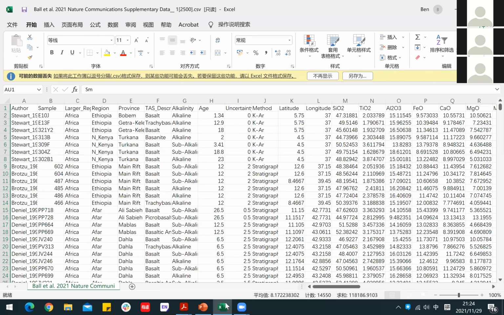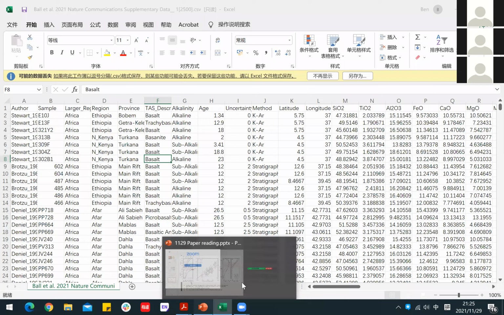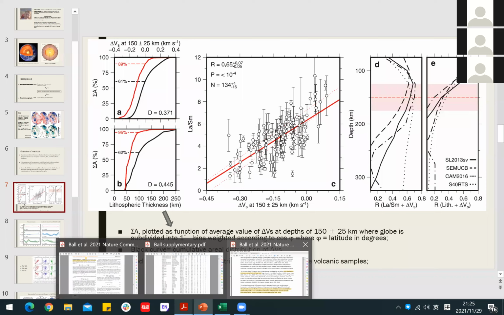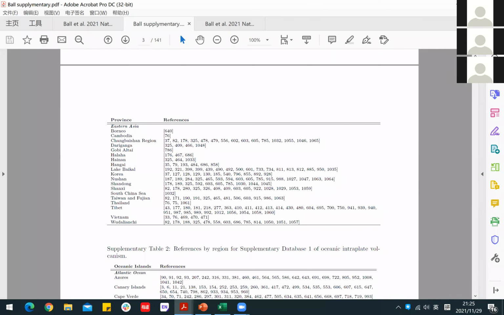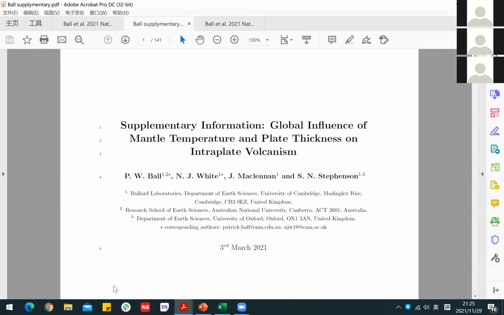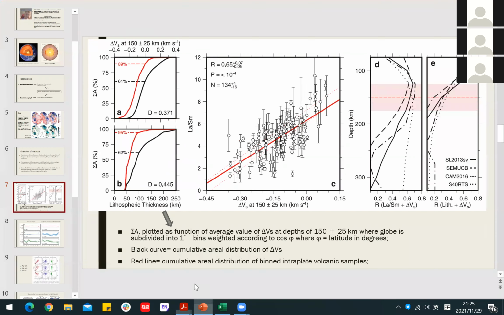It's basalt or something. And in the paper, they didn't say their data is from GeoRoc, I think. They mentioned it in the acknowledgement: Database 1 was compiled with the aid of the GeoRoc database. Oh, right. Okay, but they might have some other data from other sources as well.